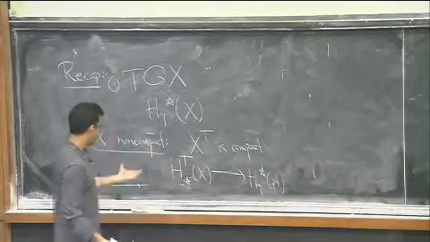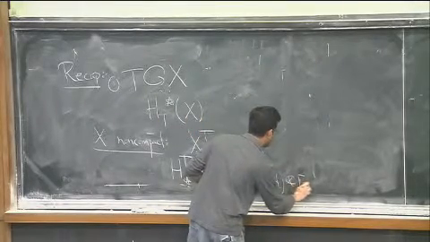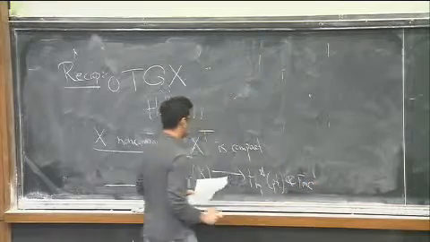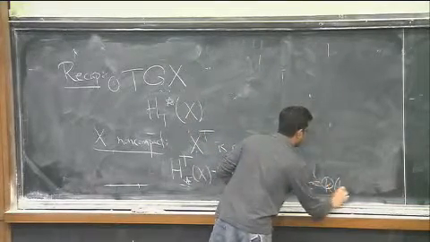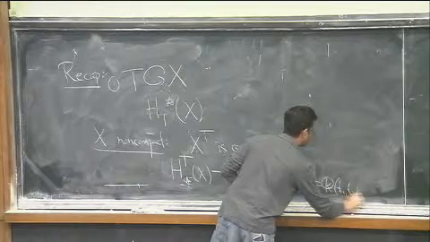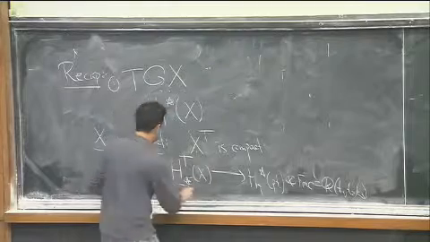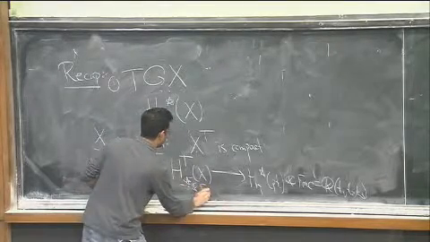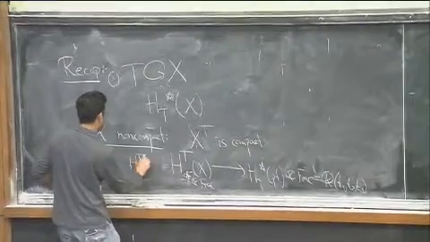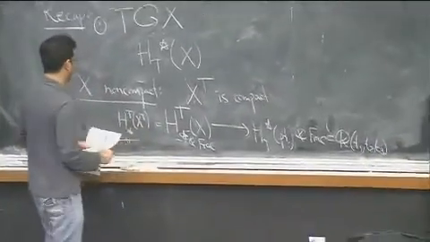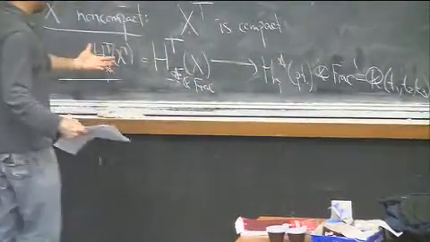I could define a map like this after I tensor with this fraction field, so to speak, once I move to the field of rational functions. And the idea is that after I tensor with the fraction field, this is the same as the equivariant homology of the fixed locus, and this is proper over a point, so I can push forward from here.